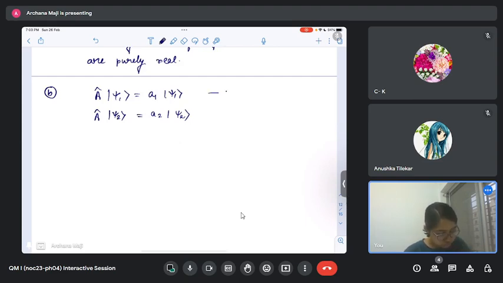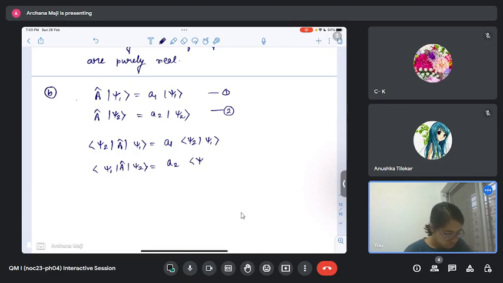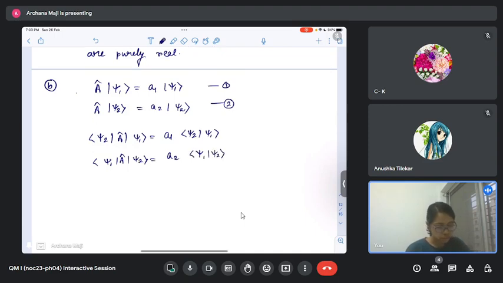Now these two equations we have. Now if we hit equation 1 from left by psi 2 and equation 2 from left by psi 1, we get psi 2 A psi 1 is equal to a1 psi 2 psi 1, and from 2 we get psi 1 A psi 2 is equal to a2 psi 1 psi 2. Okay.